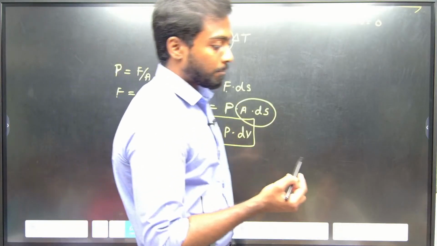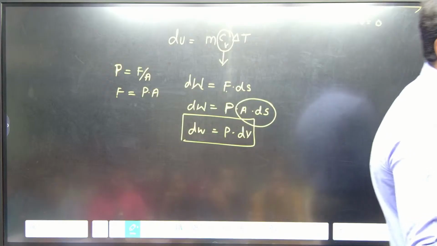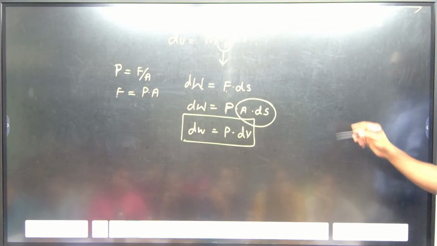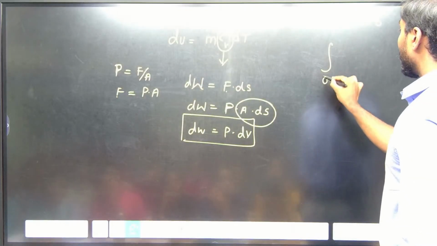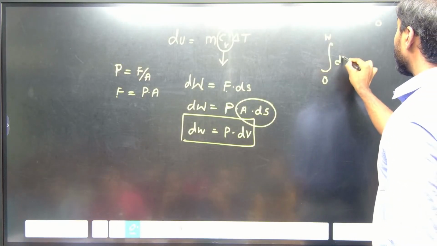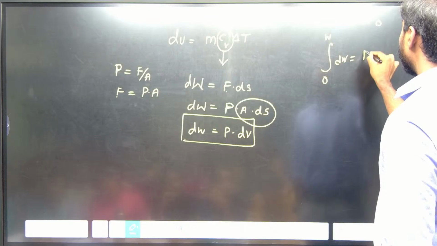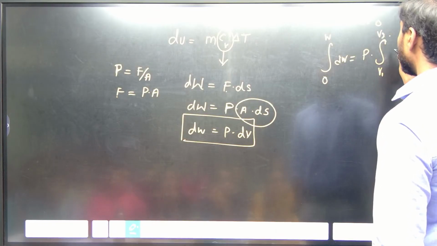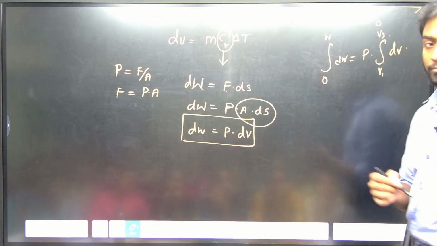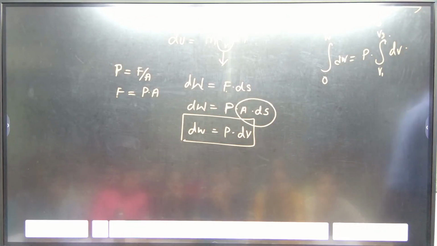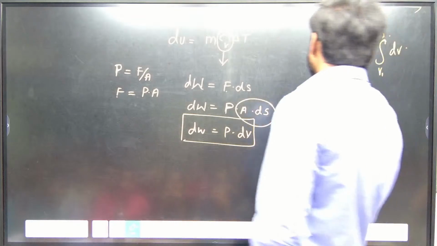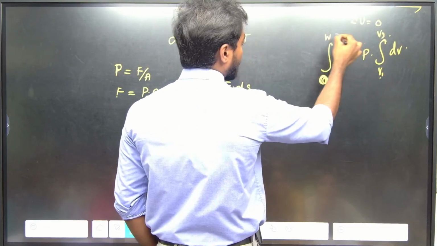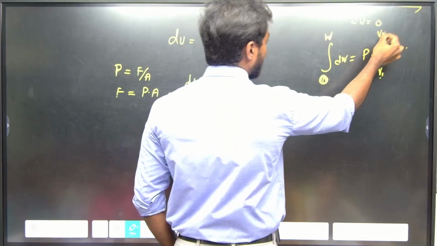From the problem point of view, if volume is changing from V1 to V2, then the integral of dW from 0 to W will be equal to P times the integral of dV from V1 to V2. Work done initially will be 0 at V1 and work done will be W at V2.